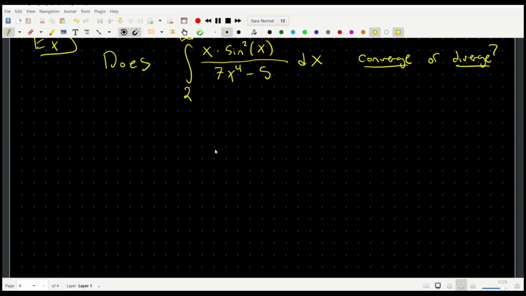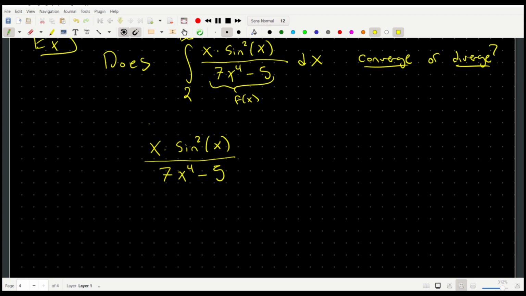So we know that the function f of x here is this function. And we know that this function, x times sine squared of x over 7x to the fourth minus 5, would be a relatively complicated function to go through and get the exact integral of.